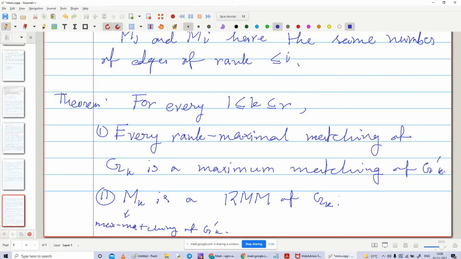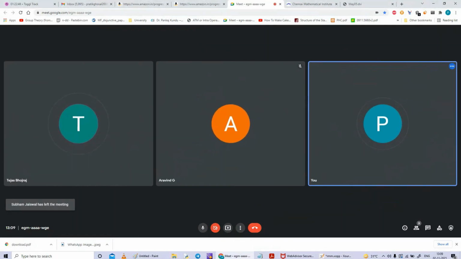So we are proving it both ways around: we take any rank maximal matching of GK and show it is a maximum matching of G prime K, and we take any maximum matching of G prime K, let's say it's MK, and it will be a rank maximal matching of GK again. So it's like both ways. That's the thing. Okay, so we'll see in the next class, and then I will prove this. Thank you.